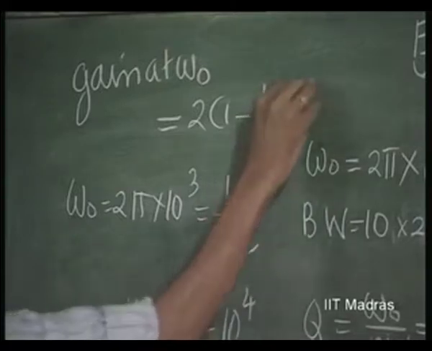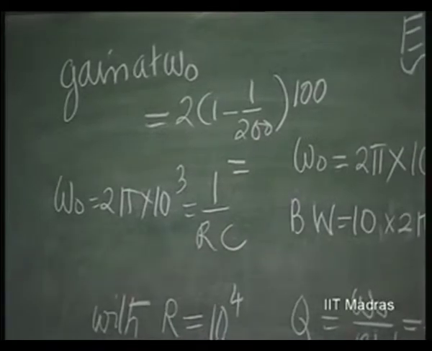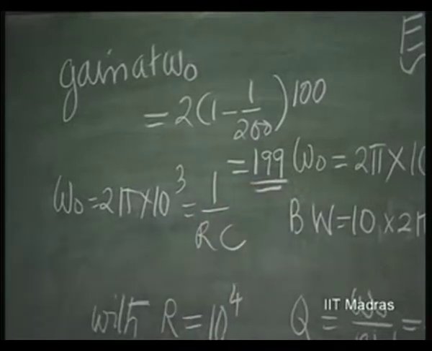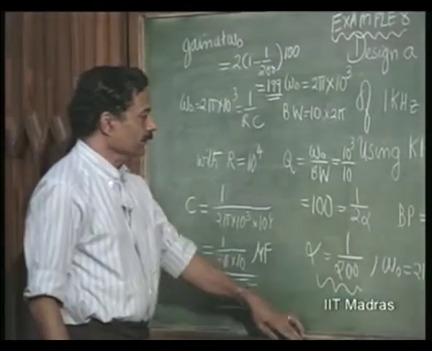That is 100. So, gain at center frequency is going to be nothing but, you can see, 199. So, the characteristic will look like this.